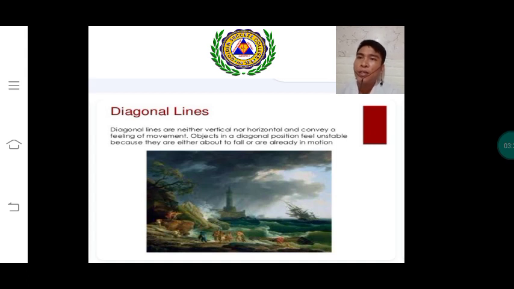The diagonal lines are neither vertical nor horizontal and can give a feeling of movement. Objects in a diagonal position feel unstable because they are either about to fall or are already in motion. This is the diagonal line, guys.